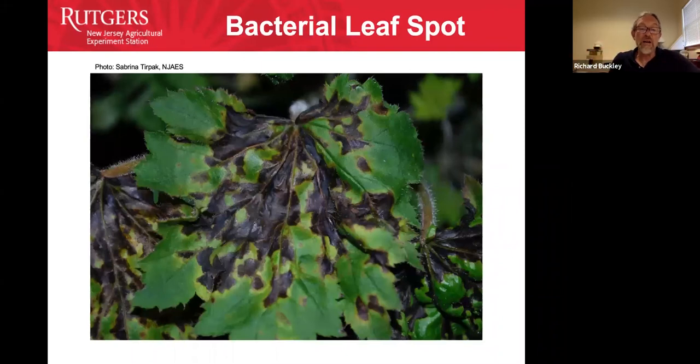So this is a heuchera, and you can see that it's wet and water soaked. Notice that there's a yellow halo instead of a distinct margin, right? You hold this up to the light and you can see that it's kind of translucent. The cell walls are breaking down. If you let it go, it will turn to slime, if the conditions are right.